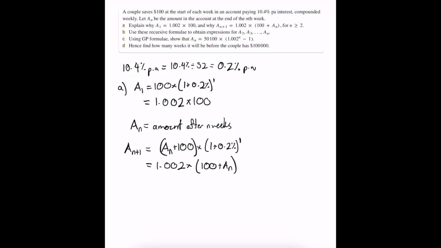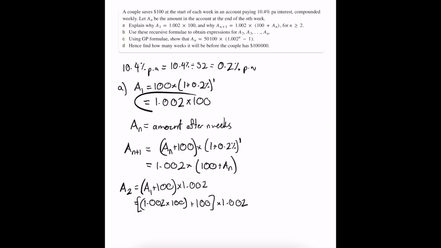So what we can say then is that A2 is equal to A1 plus 100 times 1.002, which is equal to 1.002 times 100 plus 100 times 1.002. And so all I've done here is taken this value for A1 and substituted it into here.